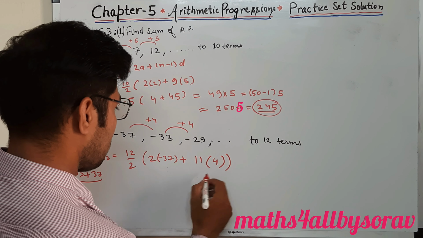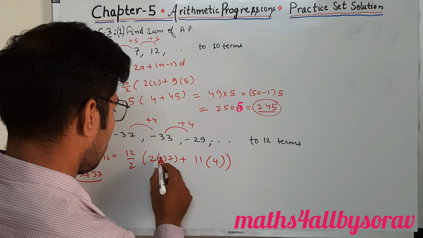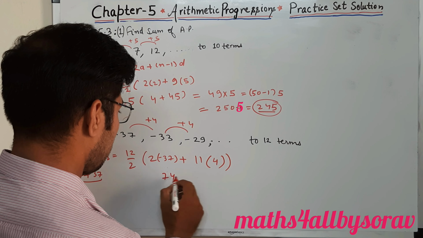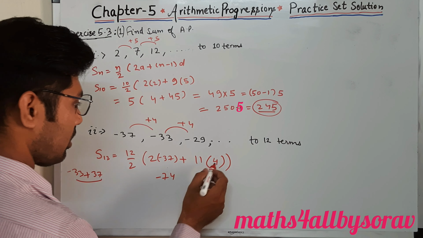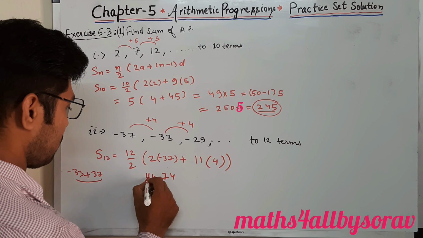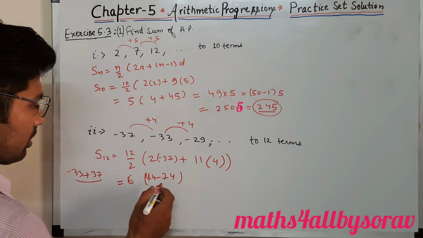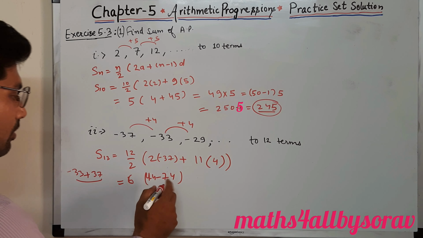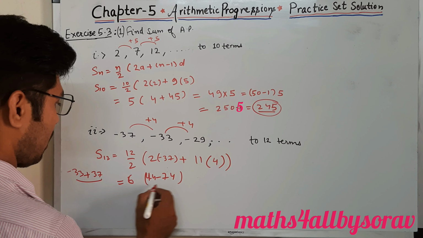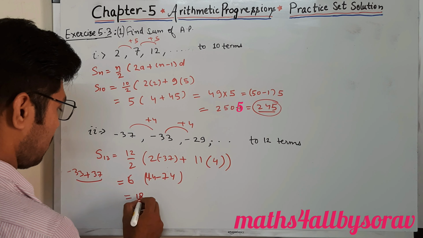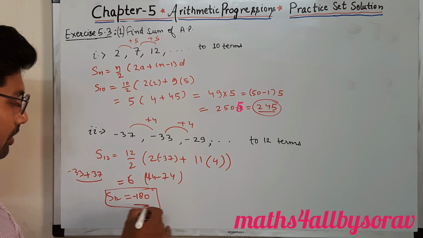Okay, so this is 40, 44. Okay, 6. So this will be 74 minus 44 is 30, and into 6 is 180. So here is a minus sign, so it will be minus 180.